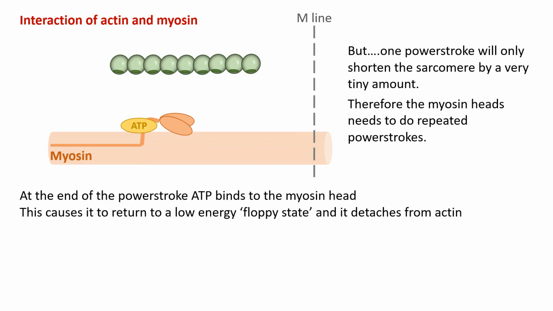So this breaks the cross bridge. So ATP comes in and binds. Myosin head hasn't done anything with the ATP yet. So it's in a low energy state. It's floppy. Actin is still being held towards the M line by other myosin heads. It doesn't ping back. So our cross bridge has been broken.